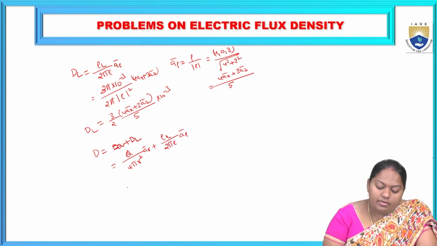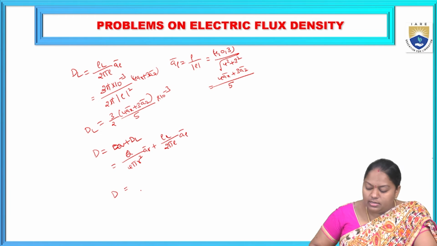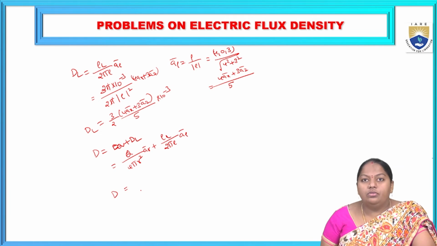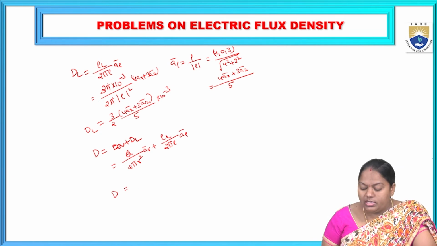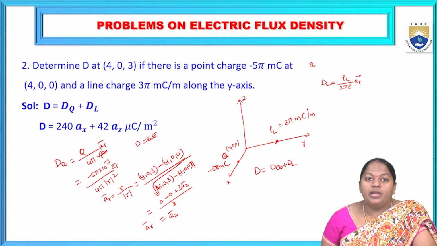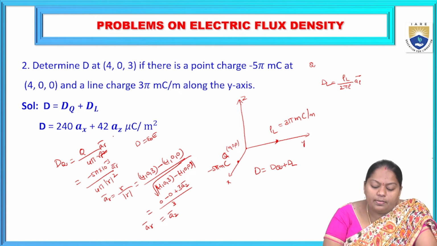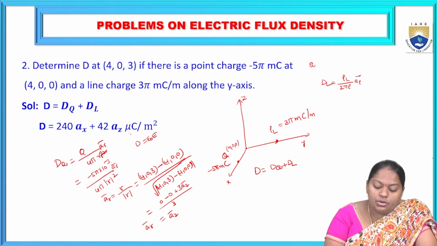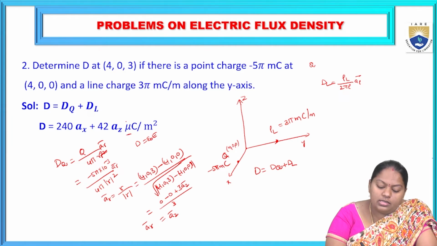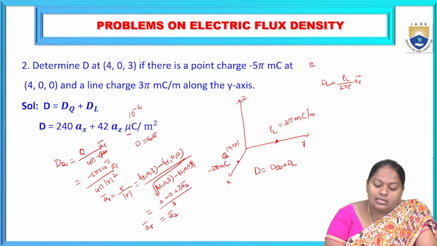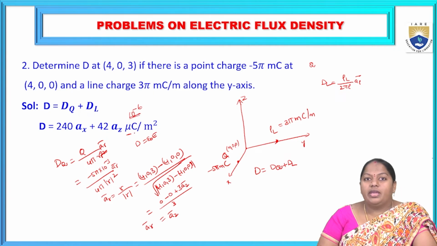Now if you evaluate the total thing, the electric flux density D due to the line as well as the point charges is 240 AX plus 42 AZ microcoulomb per meter square. Micro means the total thing is multiplied with 10 power minus 6, and for this 10 power minus 6 we represent it with micro.